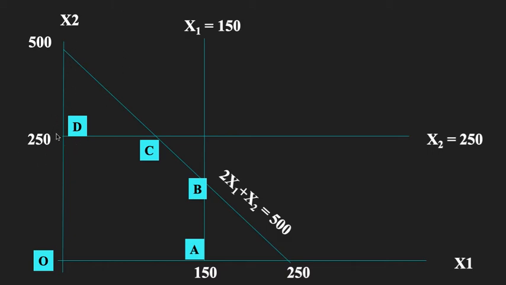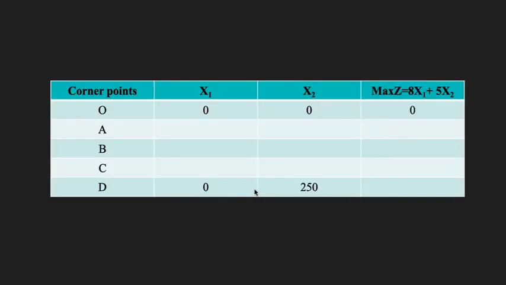At D, the value of x2 is 250, and the value of x1 is 0. So in this equation we are going to put x1 equal to 0 and x2 equal to 250.